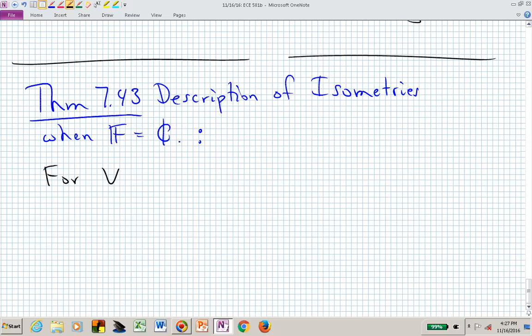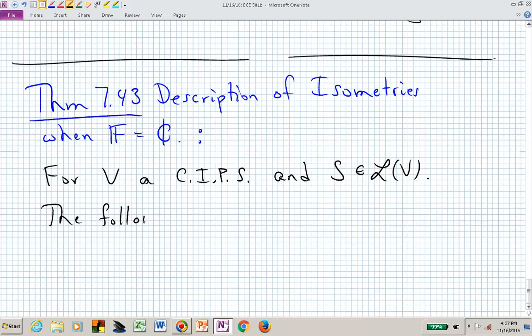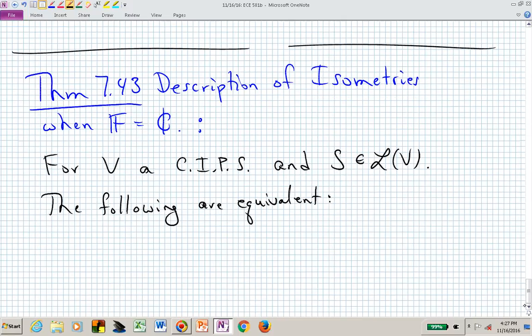Now V is a complex inner product space, and S is a linear operator on that complex inner product space. If that's true, then the following statements are equivalent. Again, working on a complex inner product space.